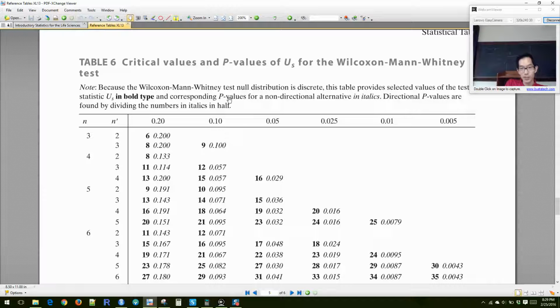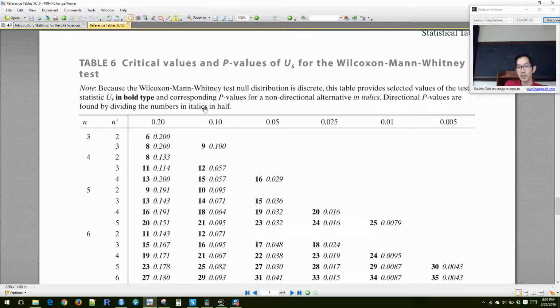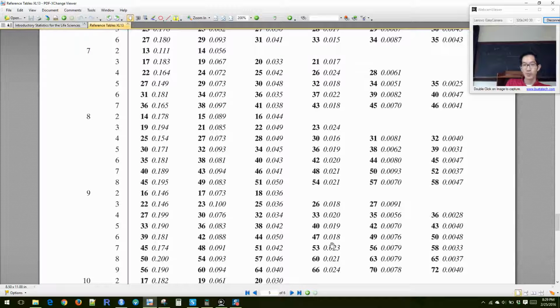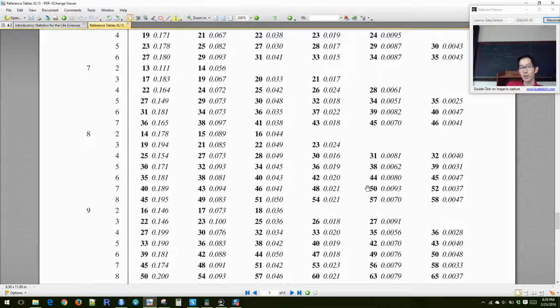This is for non-directional alternatives. If we had a directional alternative, we take these italicized numbers and divide them by 2. I know this is the opposite of how the t-table works, so there's a note to remind you. Here this says for a non-directional alternative, our p-value would be between 0.021 and 0.0093.